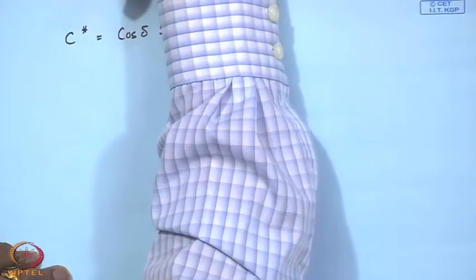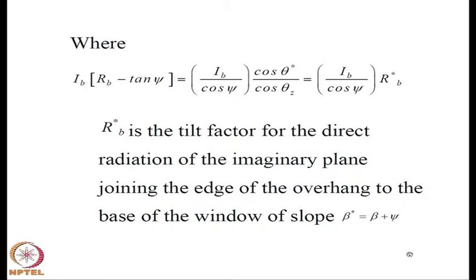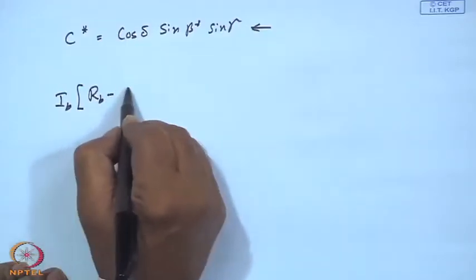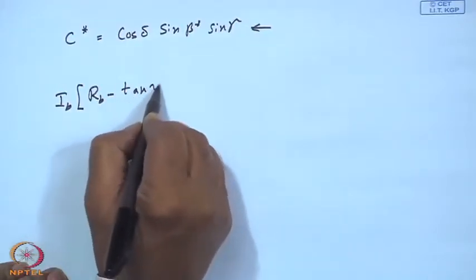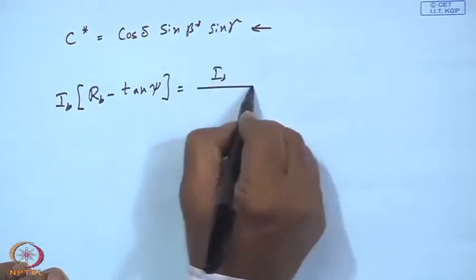I have put it in terms of A star, B star, C star, where your slope is not beta, but beta plus psi. That is the whole idea. And you have got I_B times R_B minus tan psi from the previous equation, I_B by cos psi.